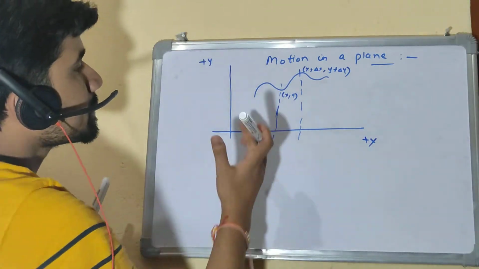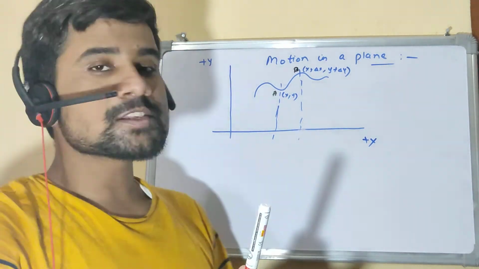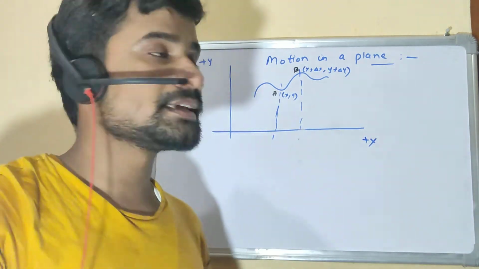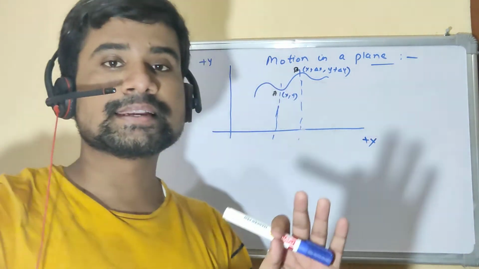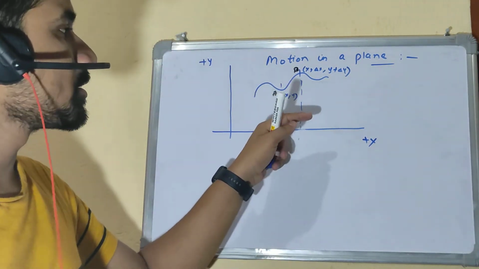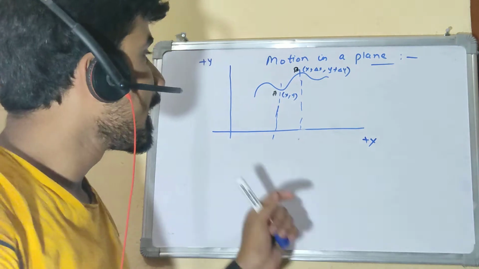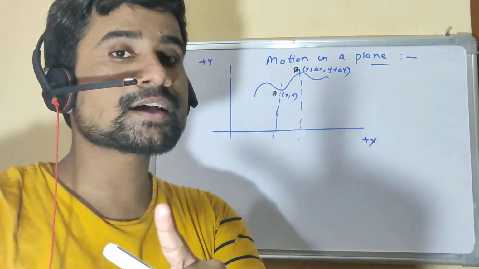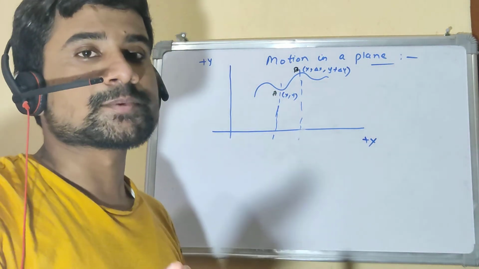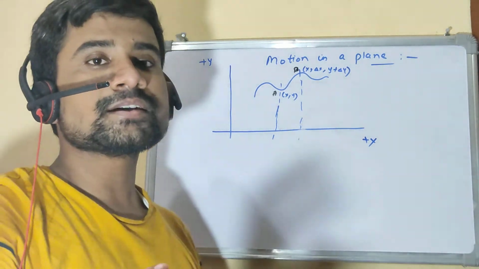So if this is my point a and this is my point b, you see the displacement along x is delta x, and the displacement along y is delta y. You can see the x from a has become x plus delta x in b. If I need to calculate the net displacement, let's write everything in position vector form.